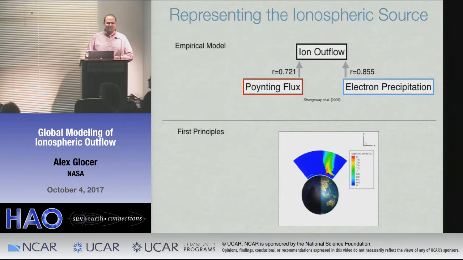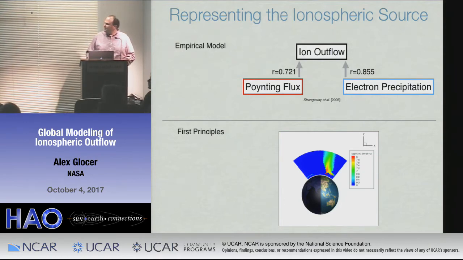A very popular way to do this is to use this famous relationship from Bob Strangeway that relates the Poynting flux and the electron precipitation to the outflow. That approach has a lot of advantages. Conceptually, it's a lot of work, I'm sure, to implement, but conceptually it's straightforward and it's very clear what you're doing, and the outflow is driven by energy inputs from the magnetosphere.